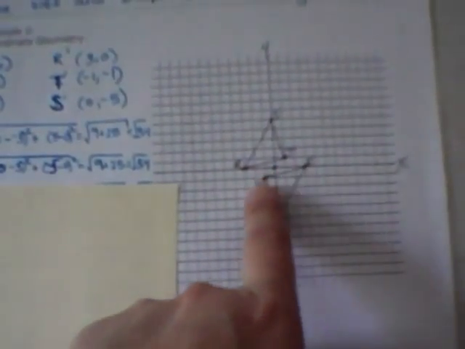To prove that the pre-image is congruent to the image, you have to find the distance from R to S, then R prime to S prime, and check to see if those two check out. And they do. You then do this again for RT and R prime T prime, and so forth. I'm not going to go through all of the steps, but they do end up coming out congruent. These are the steps you're going to have to do on your own.